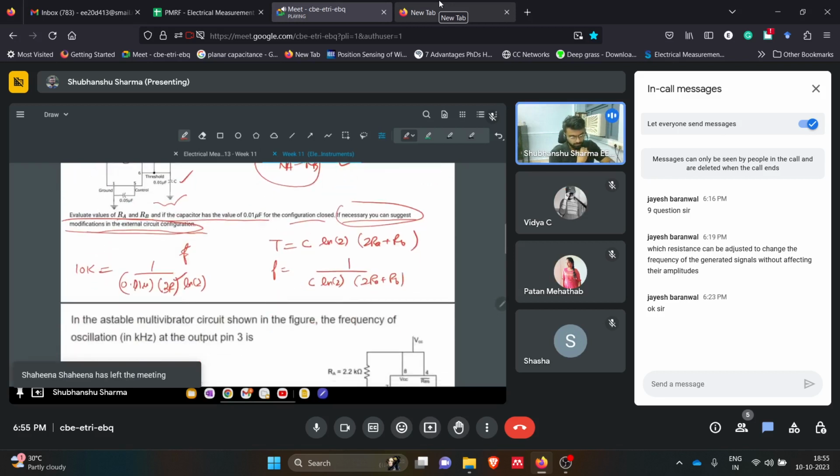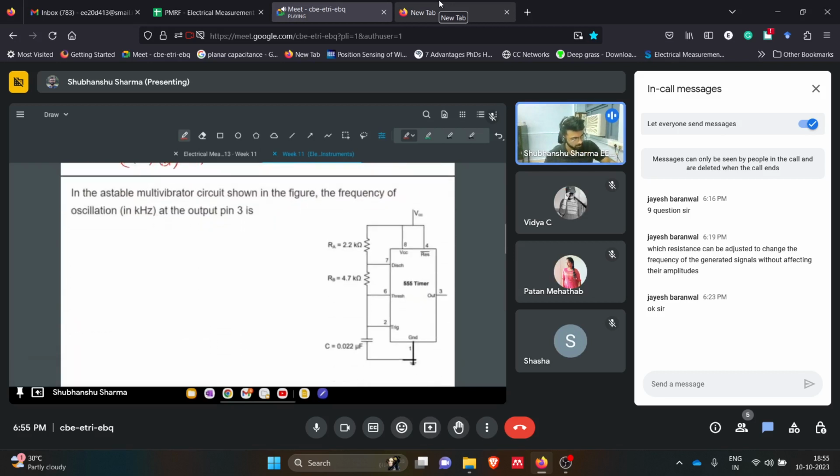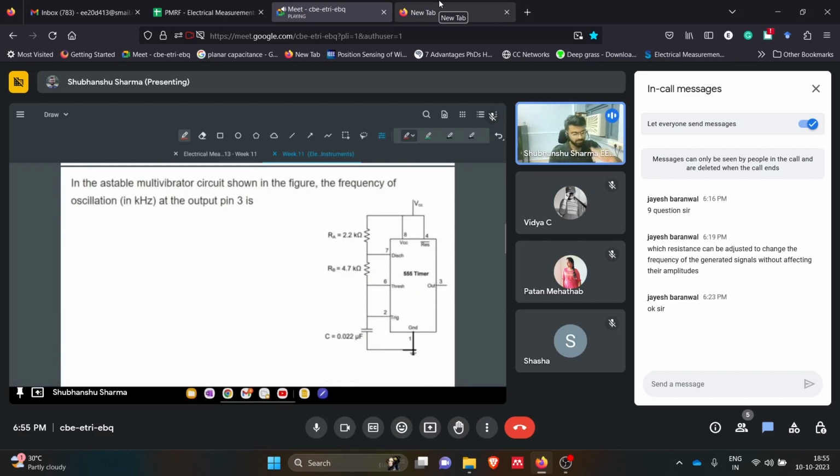Now the next question. It's again a 555 timer in the astable multivibrator circuit. The frequency of oscillation at the output pin 3 is... Now they have mentioned RA, RB, C. Again, I think this is straightforward.